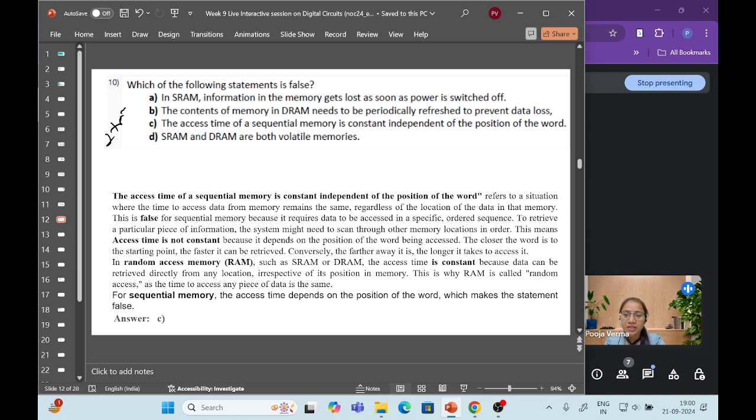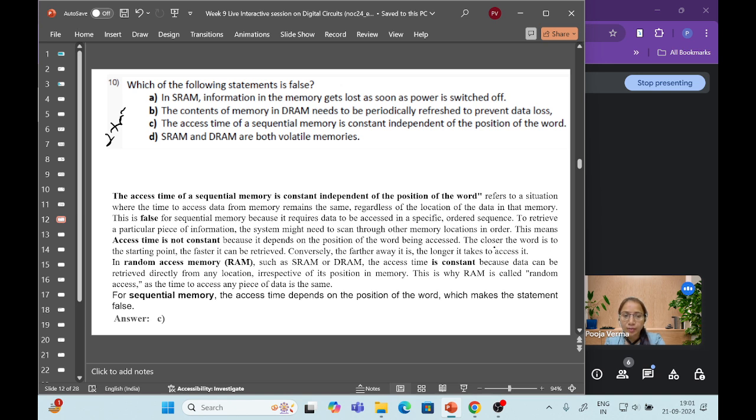For the sequential memory, the data is accessed in a specific ordered sequence. To retrieve a particular piece of information, the system might need to scan through the memory locations in order.